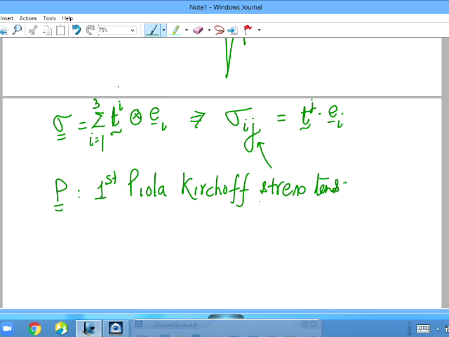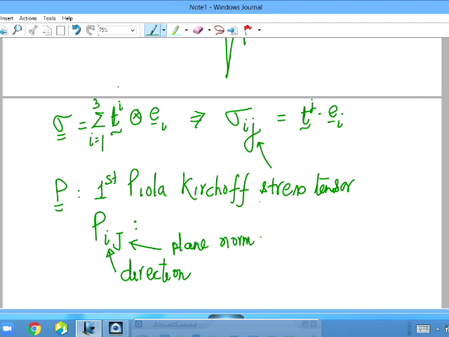And there you will see that in all the books, the components of the Piola-Kirchhoff stress tensor, if we denote by P_iJ, then indeed the first subscript i denotes the direction, and the second one denotes the plane normal, which is what we have done in this course also.